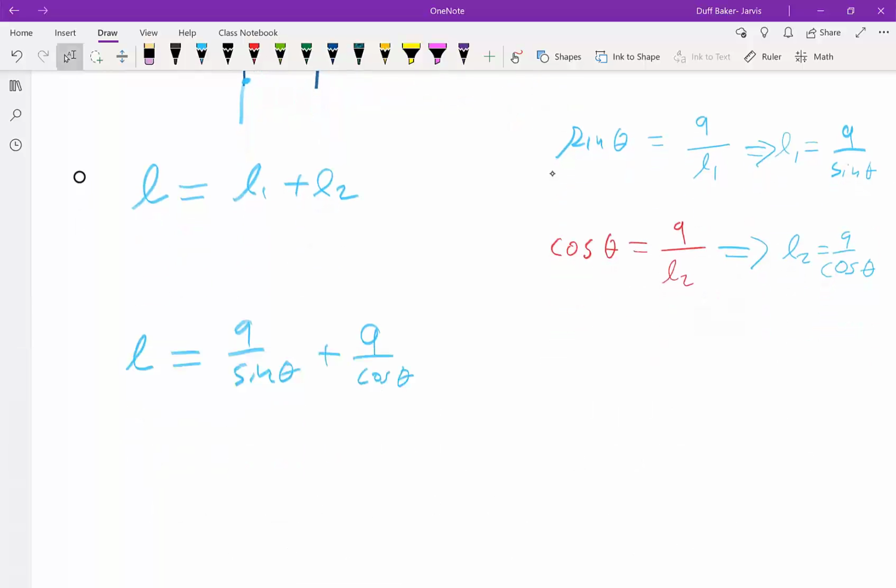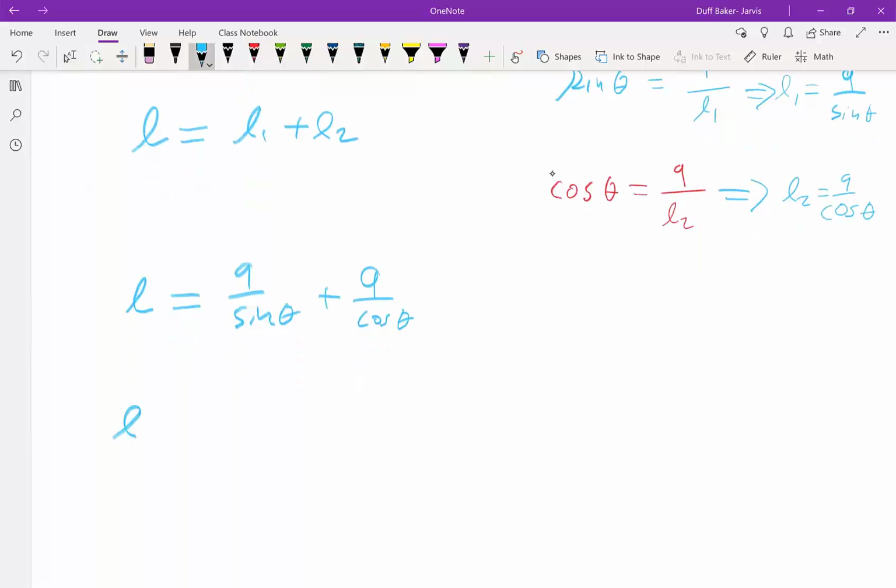And then you try to apply your usual optimization technique. You take the derivative. And here it might be worth realizing that this is really 9 cosecant, and this is really 9 secant. So the derivative of cosecant, remember, is negative cosecant cotangent.